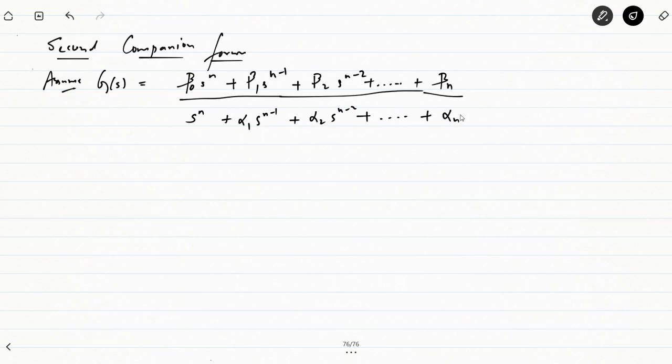So we have a general nth order transfer function of a system, and we need to find the state space form of the system in the second companion form.